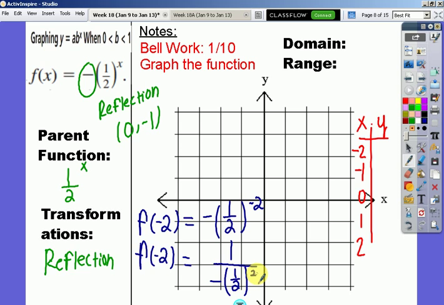What does it say? I square it. Right. Remember exponents first. So when I square that, I get 1 over 1/4, with the negative. What's that equal? Yeah, -4. Right. If you don't know that, then you can just say, how do I divide a fraction? You flip and multiply, right?